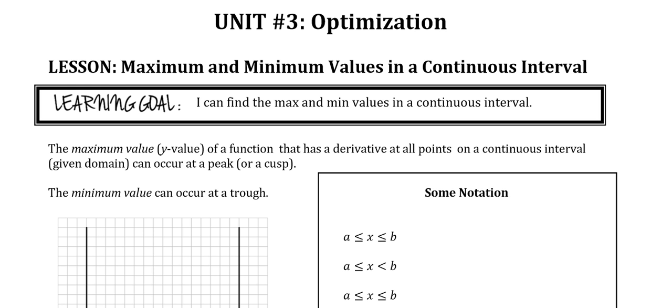But what if I have some other kind of function, like maybe a trig function, a sine curve, or some kind of polynomial function, or some kind of rational function that does all kinds of wonky stuff? It may very well not have a universal, or what we call global, maximum, because the end behavior will eventually go up. And maybe the end behavior will eventually go down forever.